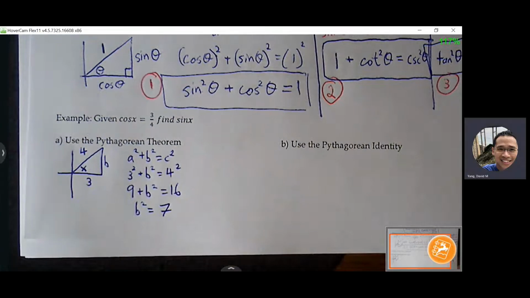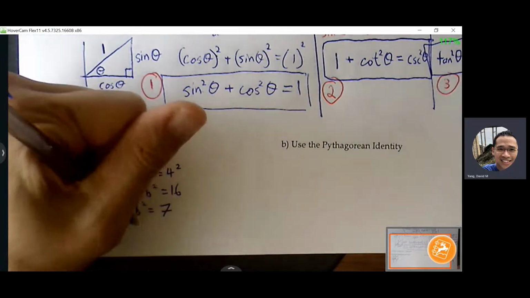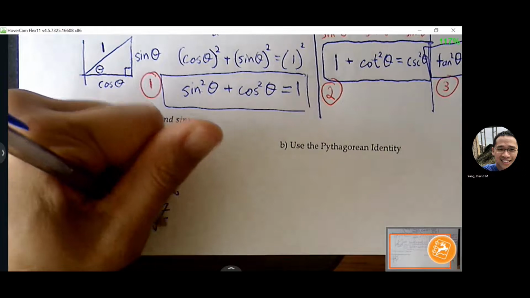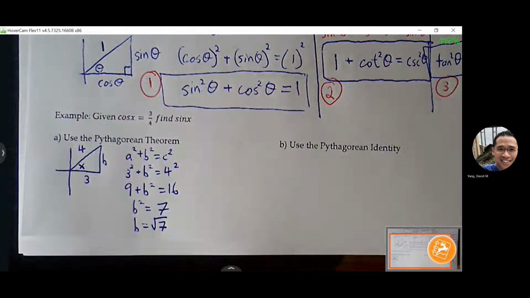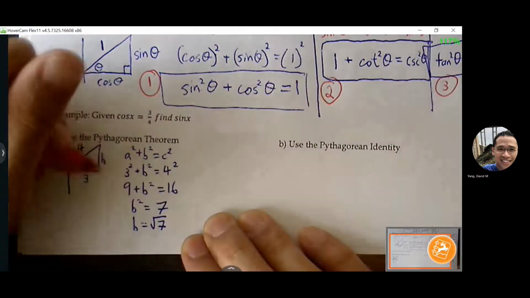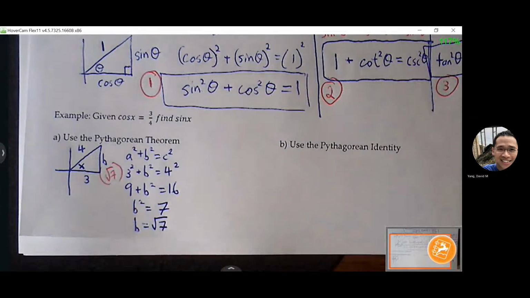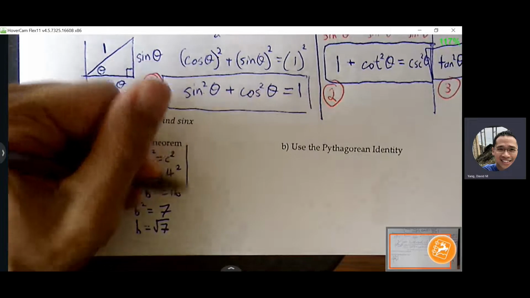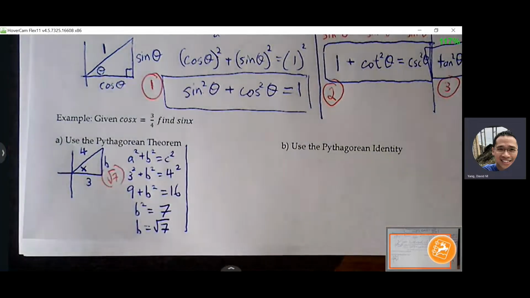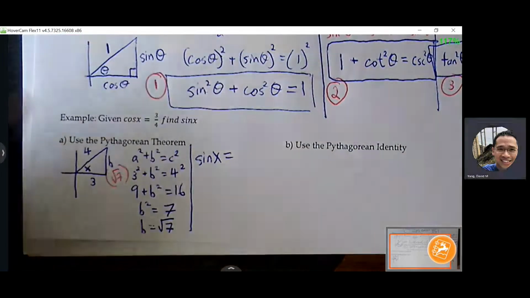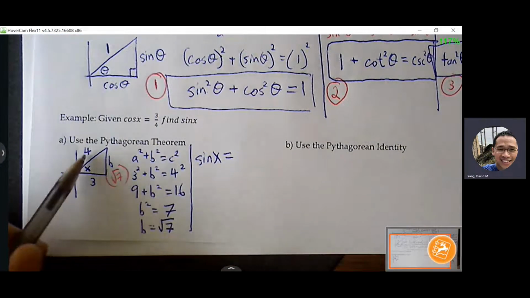Subtract 9 from both sides. 16 minus 9 is 7. B is equal to what? Square root of 7. Okay, so now that we have our triangle filled out, what is sine of x going to be? Yeah, opposite over hypotenuse.